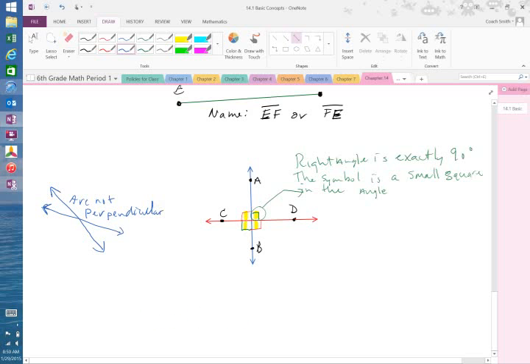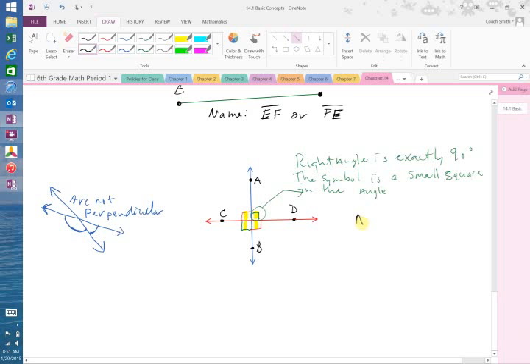Why are they not perpendicular? They're lines that intersect. Why aren't they perpendicular? Emily? Correct. They're not 90 degrees. This angle right here is a lot bigger than 90 degrees. This angle right here is a lot smaller than 90 degrees. Okay? So, perpendicular. How do we name them?